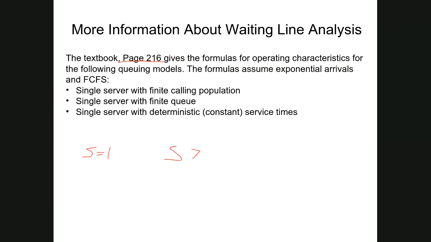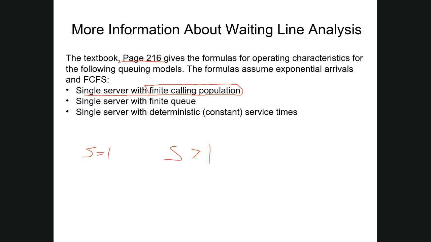But then there's the single server case with a finite calling population. And this is an interesting model. It's not that the line is limited. The queue, the waiting area, is still infinite, but there's a fixed number of customers who are actually going to be using the system, and there's no more than that number.